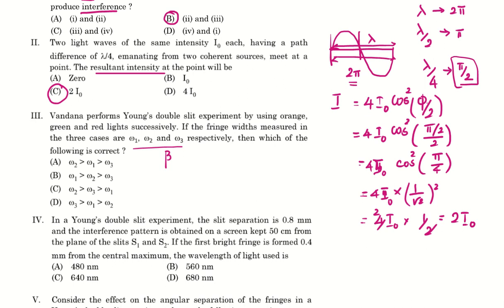Then which of the following is correct? So we know that beta is proportional to lambda. If lambda increases, beta is also increasing.